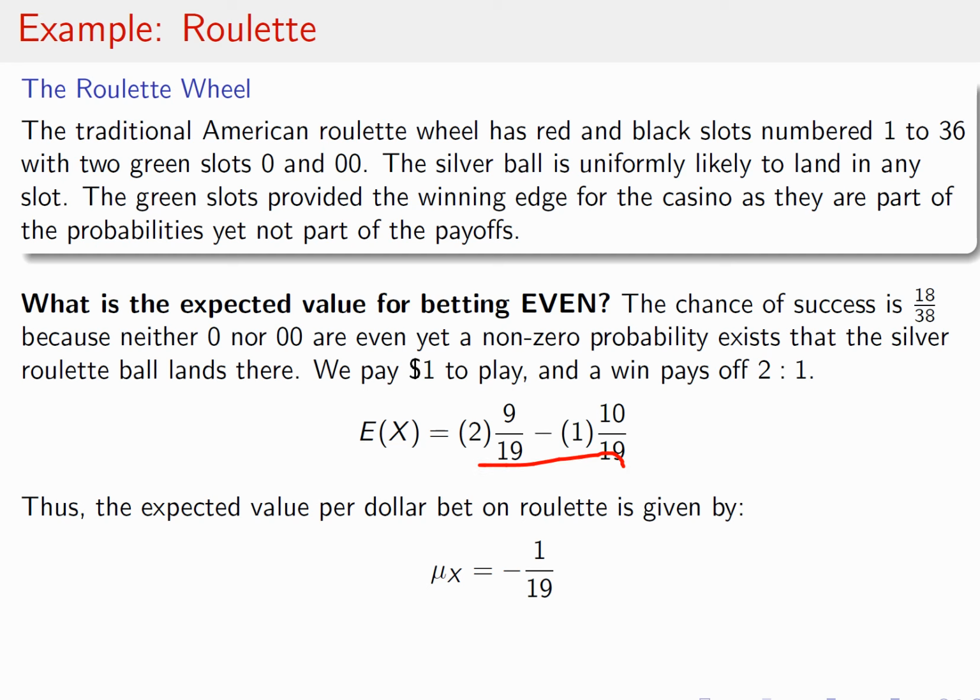Let me explain. The times that you win $2, you've also paid $1, right? You pay $1 to play when you lose and when you win. So when you win, you get your dollar back, and it's only a +1. So I set this up incorrectly, forgetting that there's a cost for each play.